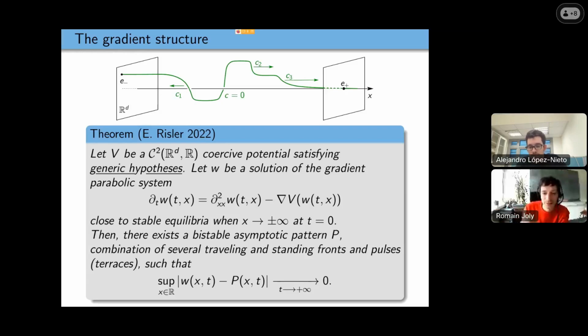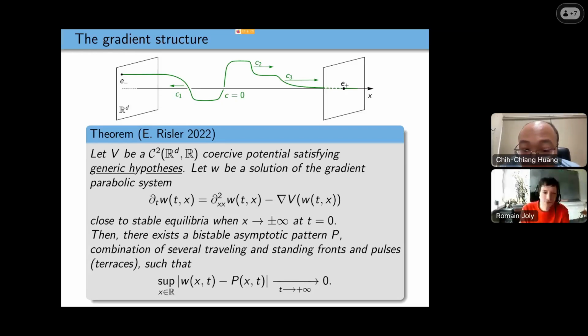Interesting. Could we construct a stable or unstable standing pulse for a gradient system?